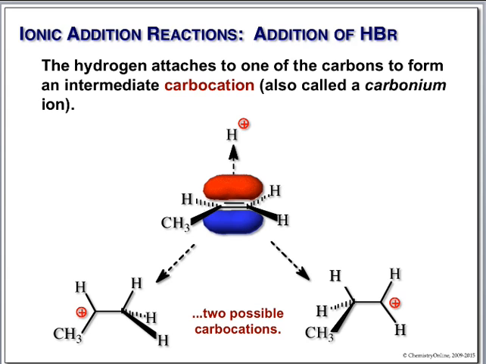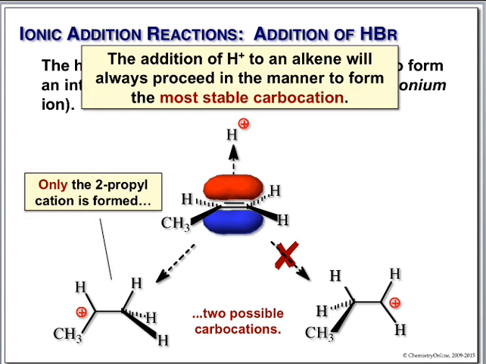So what type of carbon would this be? Well, it would be a secondary, right? This carbon only has one carbon attached, so it's a primary. This product is not observed, only the product arising from this carbocation.